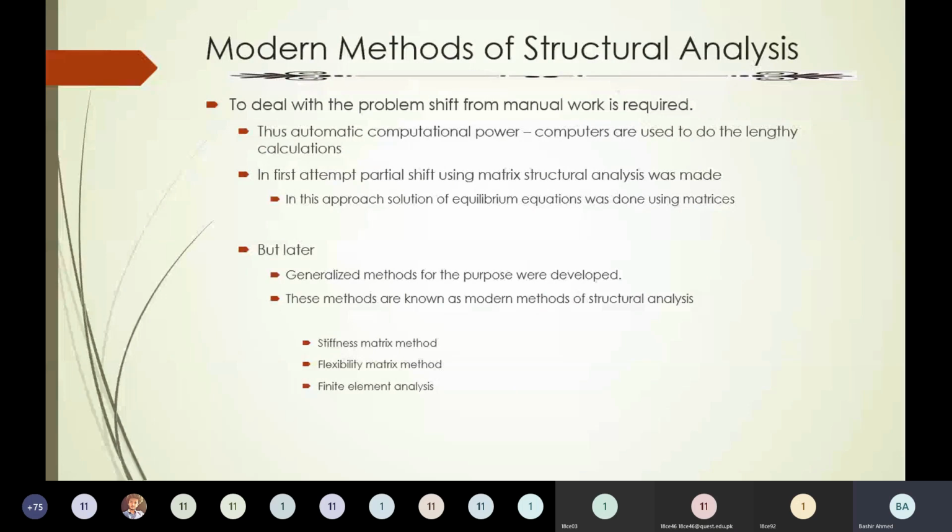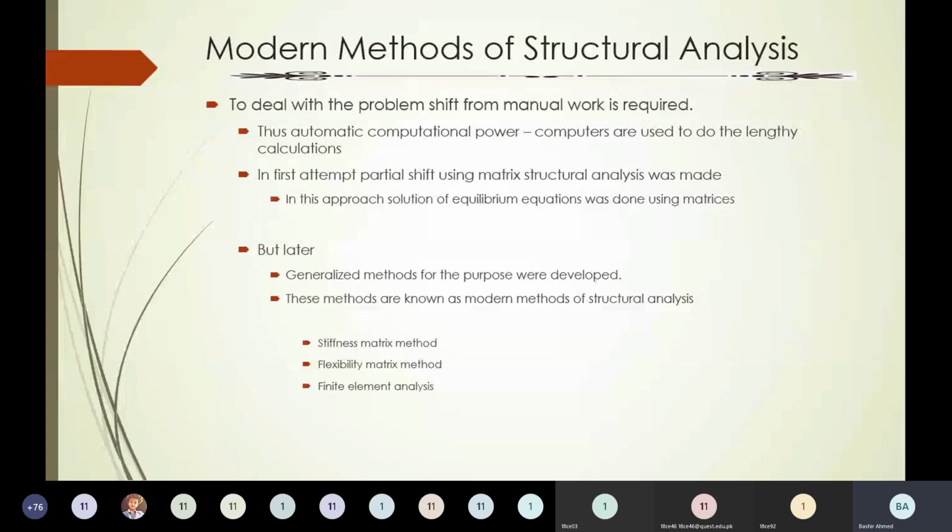You must be remembering that a set of equations using matrices can be written as Ax = B, and ultimately, X can be written as A inverse B. So this is a simple explanation of how matrices can be used in our subject.